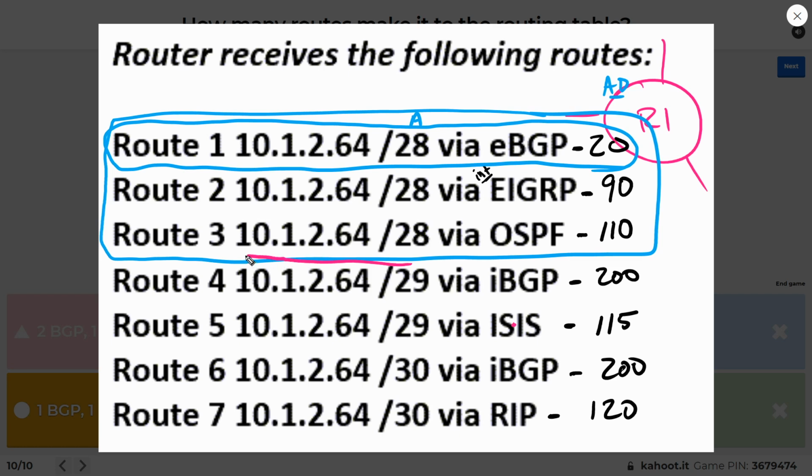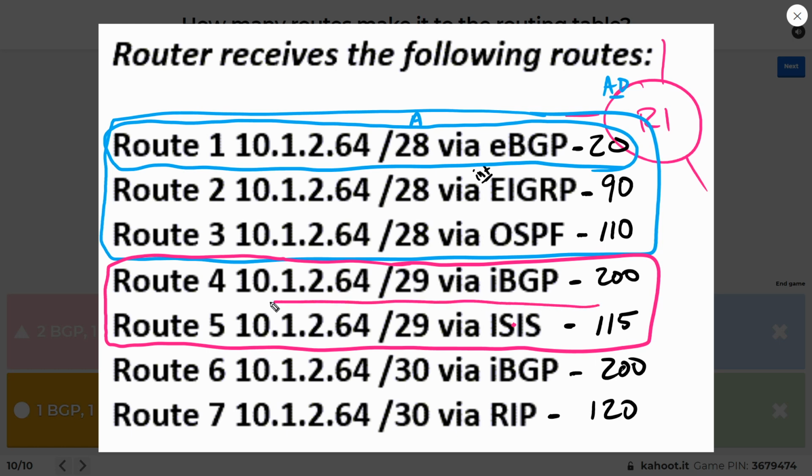So here we have routes 4 and 5, and I numbered these so that when I respond on social media or here, I can talk about route 4, route 5. But these are the same exact networks, 10.1.2.64 with a 29-bit mask. So if it was learned via internal BGP and then later learned with ISIS, the only route that would make it into the routing table, because it's the same exact route, would be the one that has the lowest administrative distance associated with it.